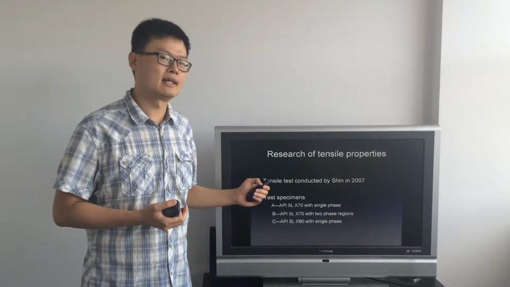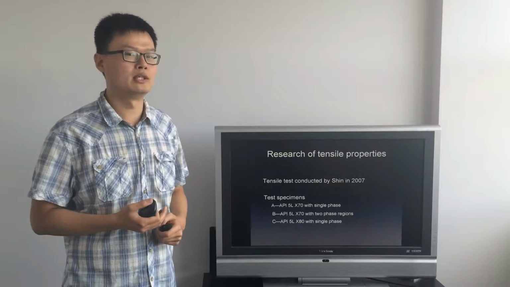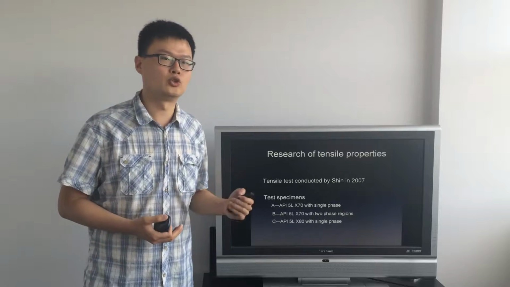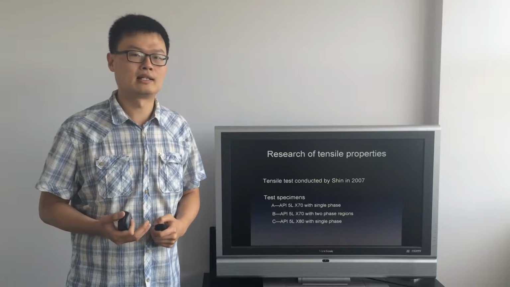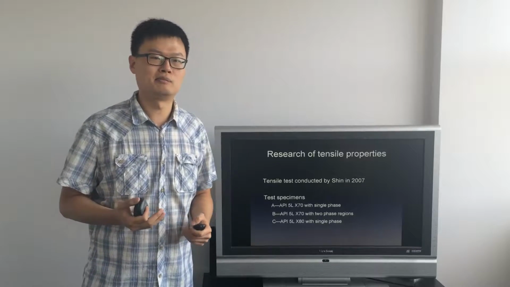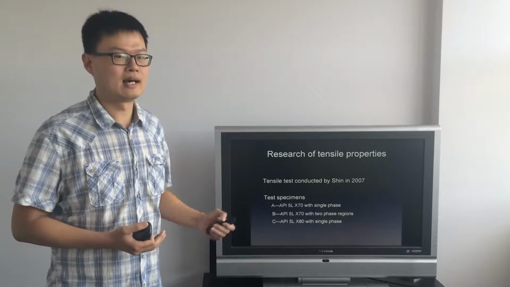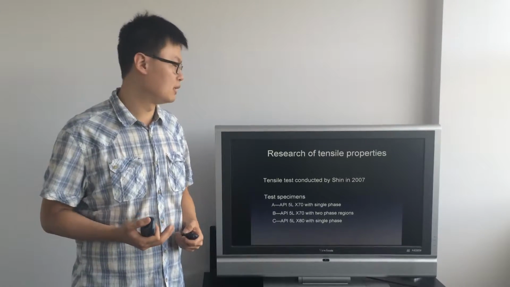The researchers selected the API X80 and the X70 grade pipeline steels as the specimens in order to make results convenient to record. The X80 specimens are divided into single-phase and two-phase regions, named as A and B samples respectively. The X70 specimen was named C in the single phase.